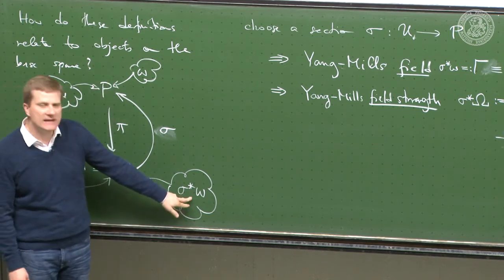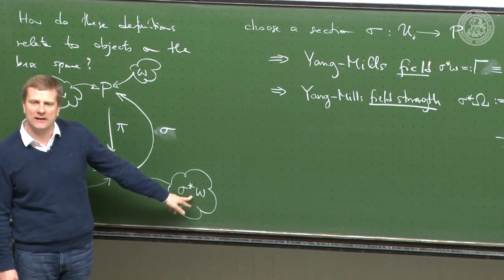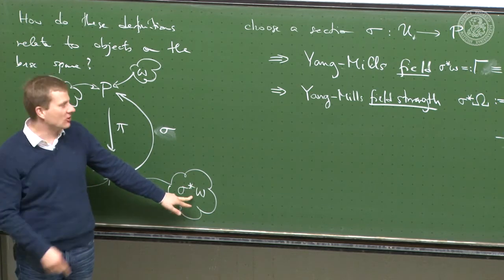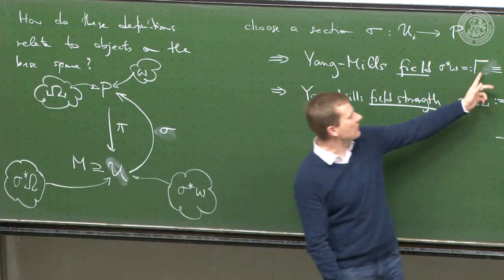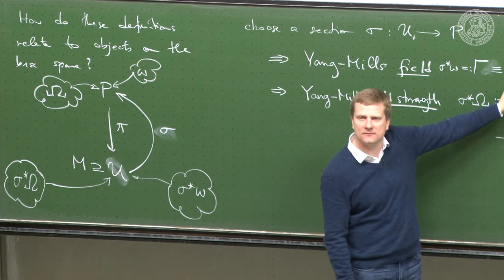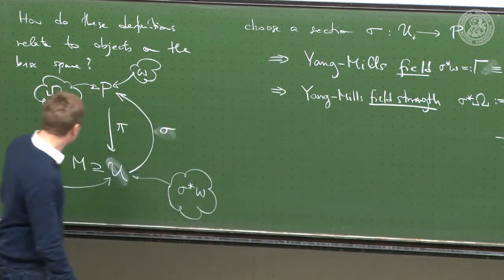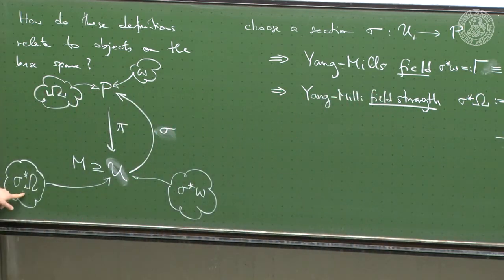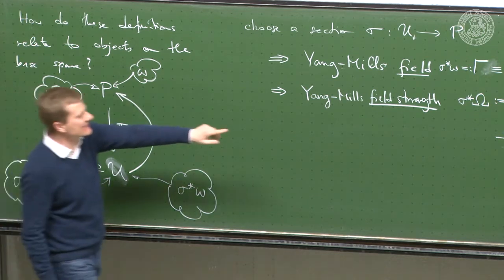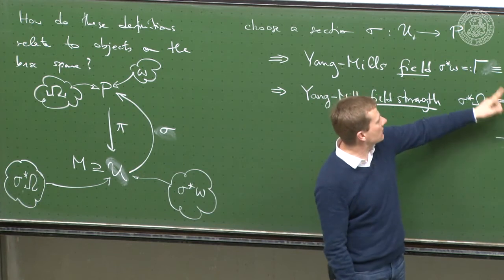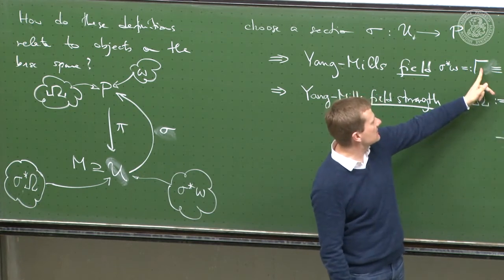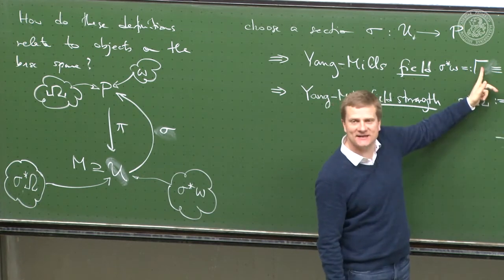And you know that this guy transforms in an ugly way, right? There's this extra term of the gamma, if the gamma transforms, or the extra term here, under gauge transformations. This guy transforms better, okay? This you also know. Riem, we say, is again a tensor, whereas on the base manifold this is not a tensor, right?